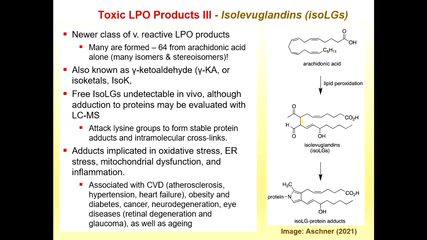These carbonyls are on gamma separated carbons. These are really nasty products, very reactive, and they attack proteins on a nitrogen to form these new 5-membered rings called pyrrole adducts. These have been implicated with just about every nasty degenerative disease known to science, so they really are pretty nasty species.